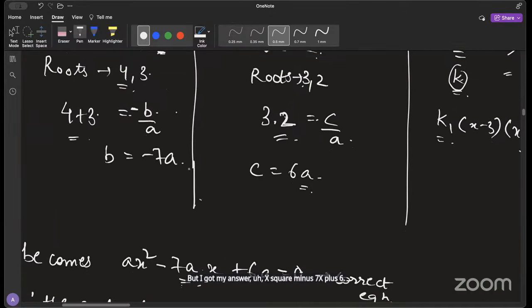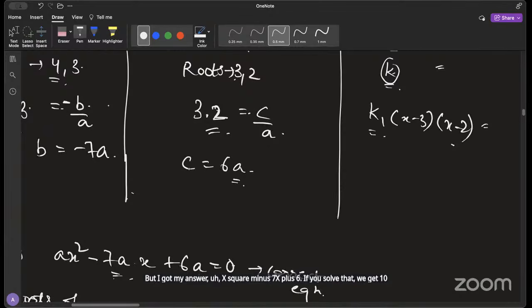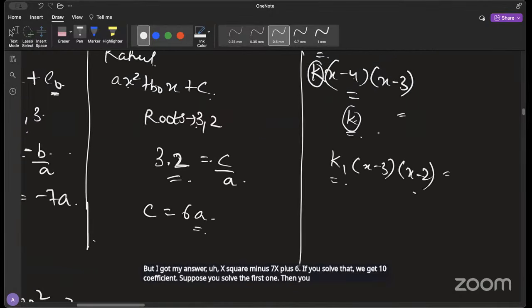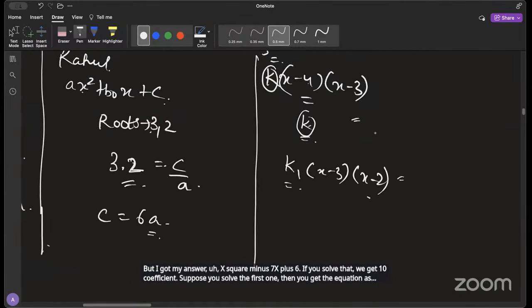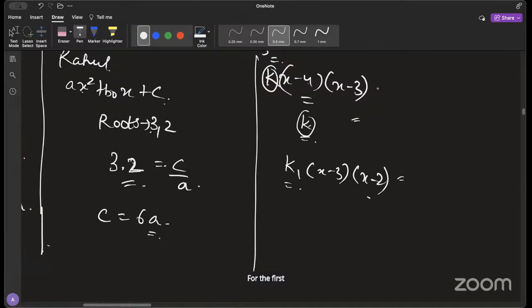Suppose you solve the first one, then you get the equation as a keeping as coefficient, then bracket x square minus 7x plus 12 for the first one.